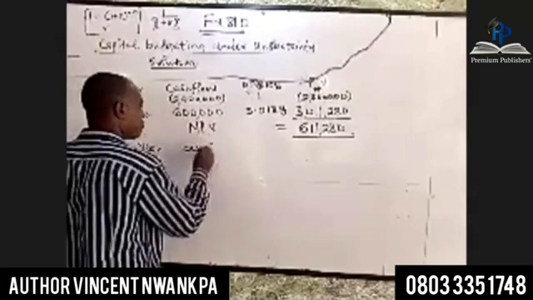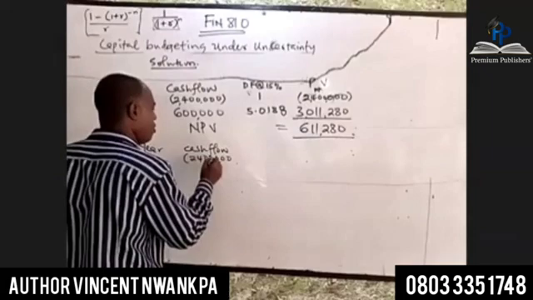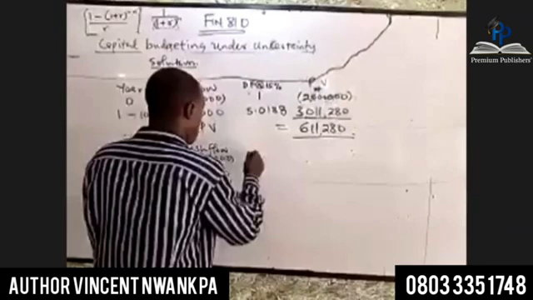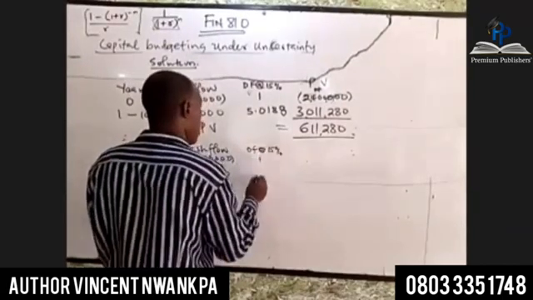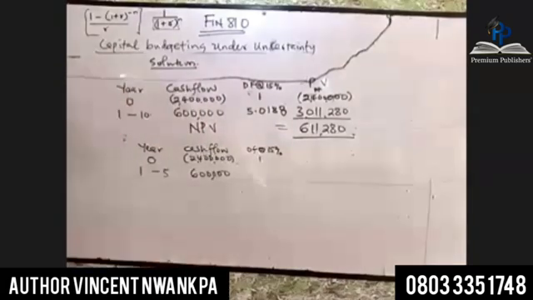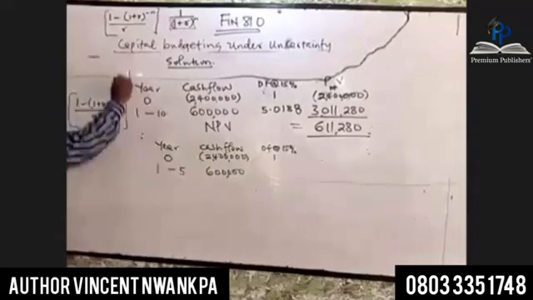Here is the cash flow, 600,000. This is the discount factor: 1 minus 1 plus 0.15 raised to minus 5, over 0.15. This is 5 now.